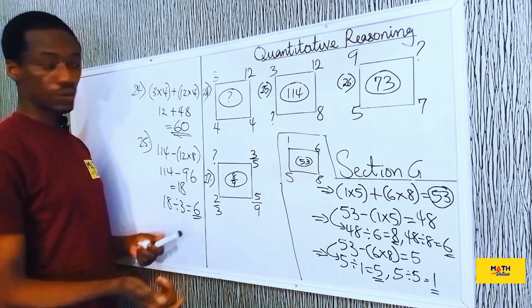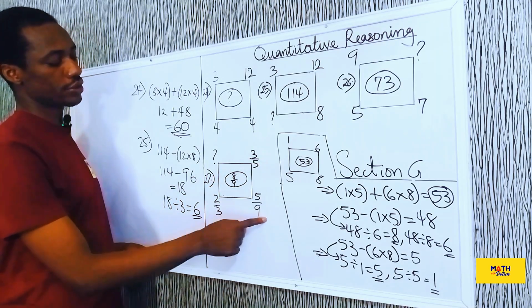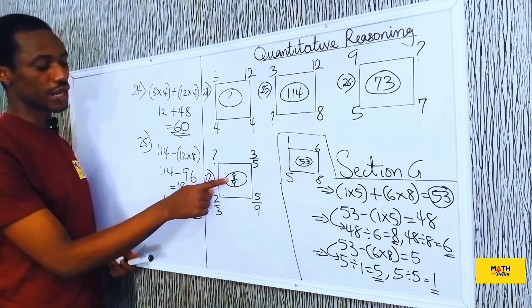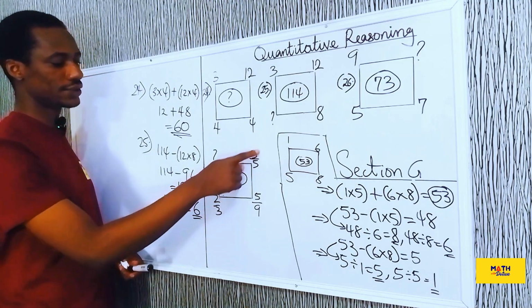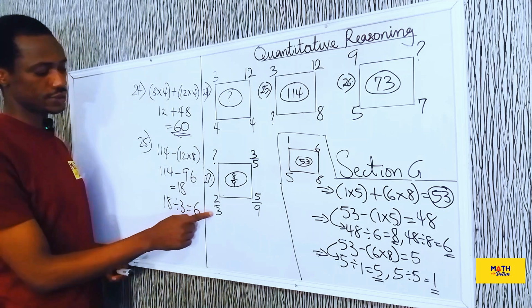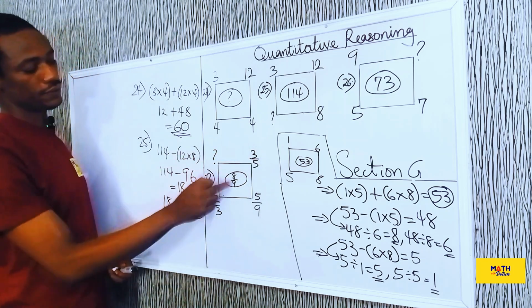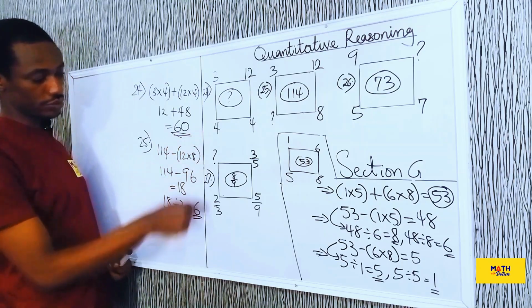Okay, so what we're going to do, we take the product of this times this, and then we subtract it from the total. Since we have added this times this plus this times this to get the total, let's take the product of this from the total, and then we are left with the product of these two.